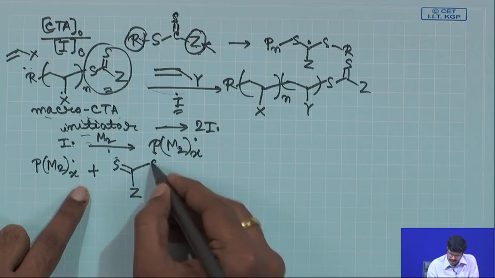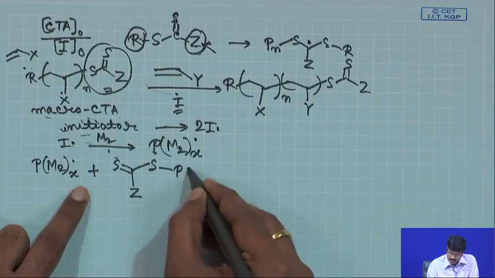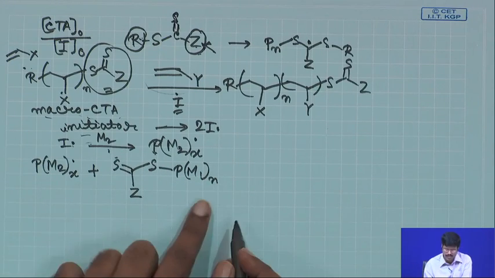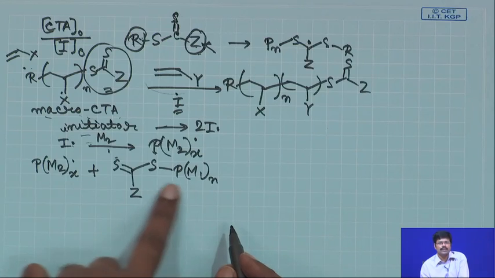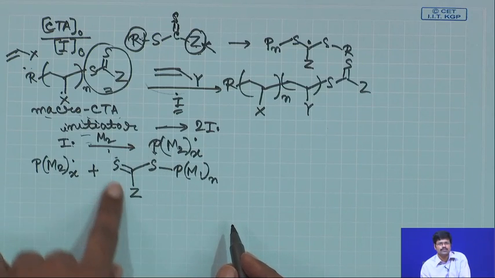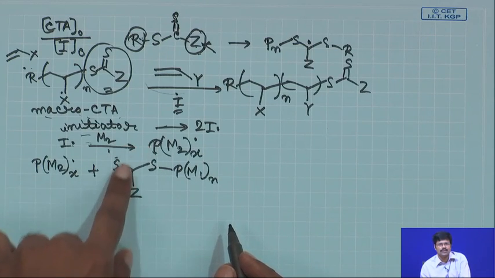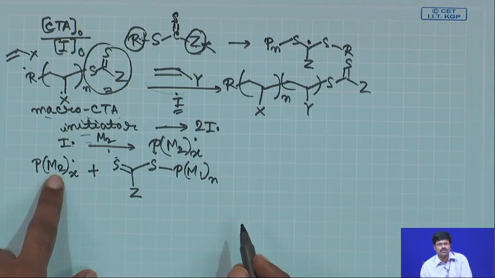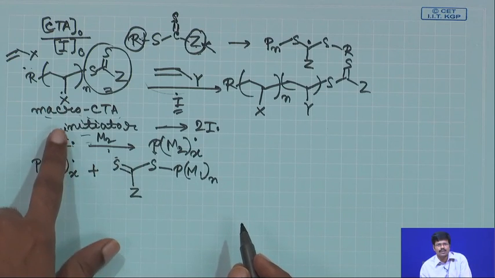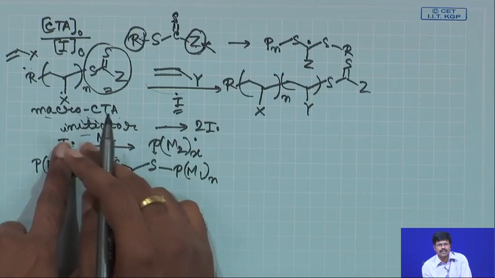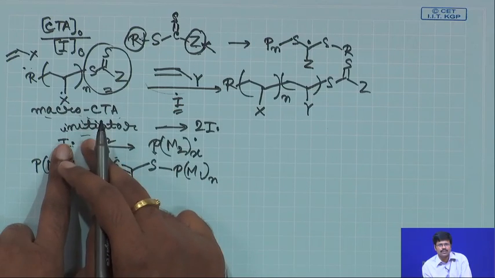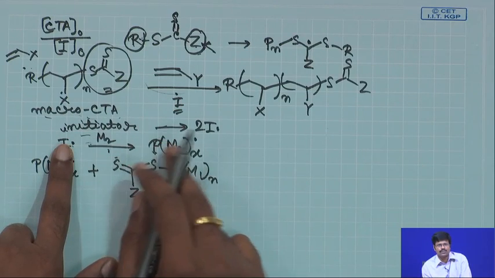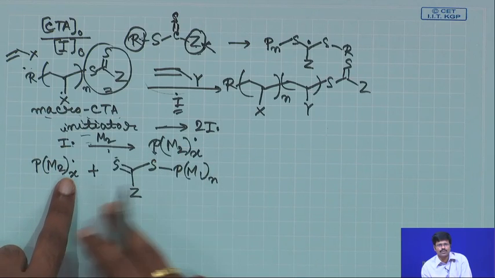So, I am just drawing here generically. So, P M1 whole n. This was your polymer basically. At the end of it you have this thiocarbonyl thio unit, so that this is your macro CTA. Now, you want to add the monomer M2 as the second block, but what happens is that initially, when you have used the initiator, the second block will start to form the propagating species, say x number of M2 units have come together.